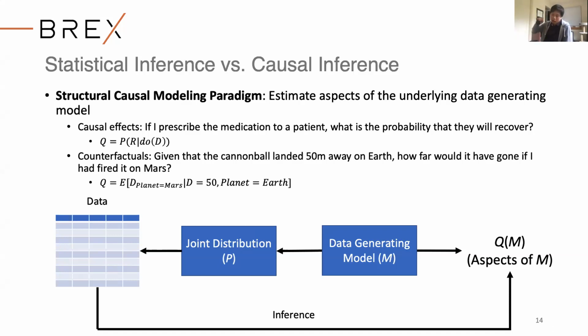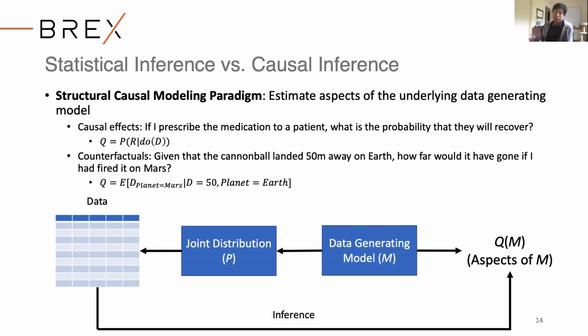I just have this patient and I tell them whether they should take the drug or not. We call that the probability of recovery given do taking the drug D, rather than just R given D. This is the difference between just observing versus going in and enforcing an intervention, like taking the drug, or a policy like taking the drug.